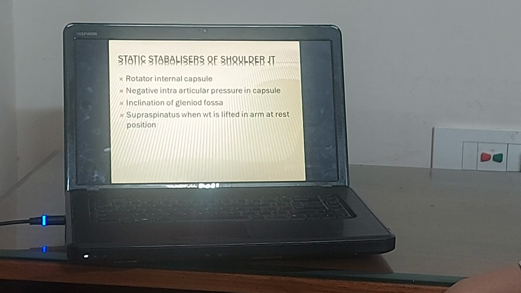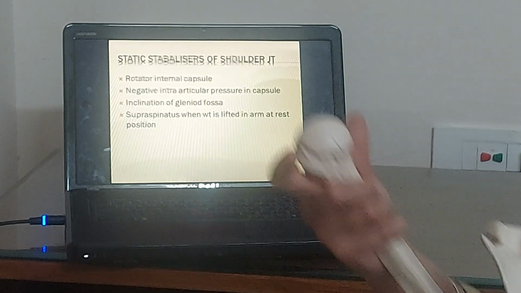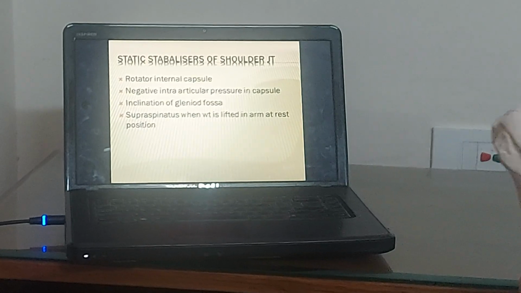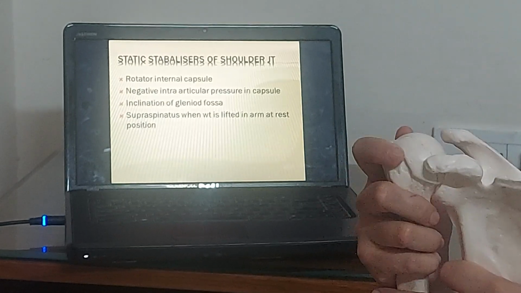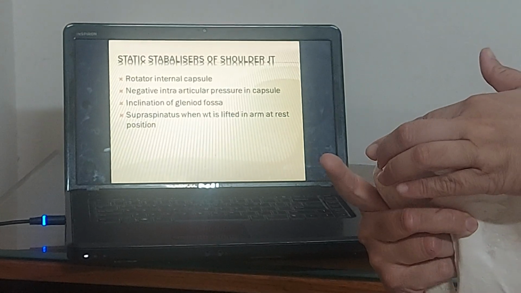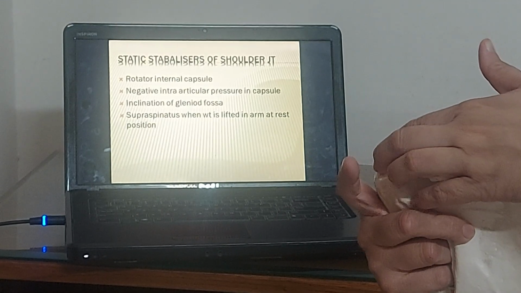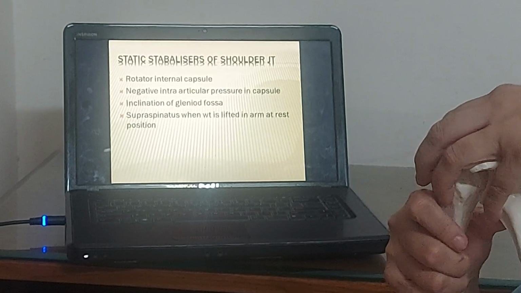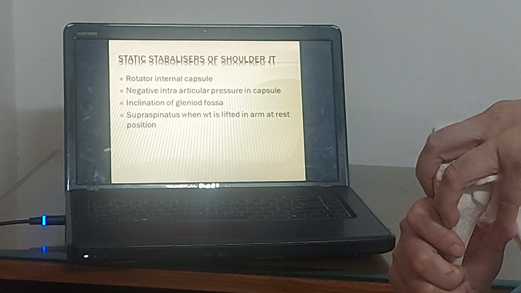And the next is, when the arm is lying in resting position and you carry some weight, the supraspinatus muscle contracts, and this contraction holds the head tightly to the glenoid fossa.